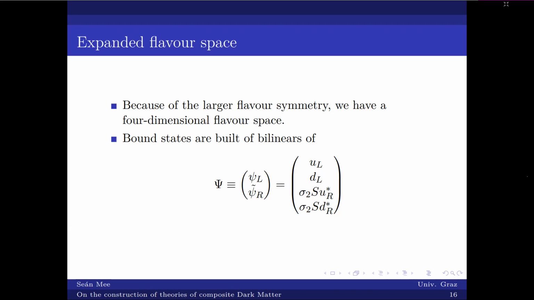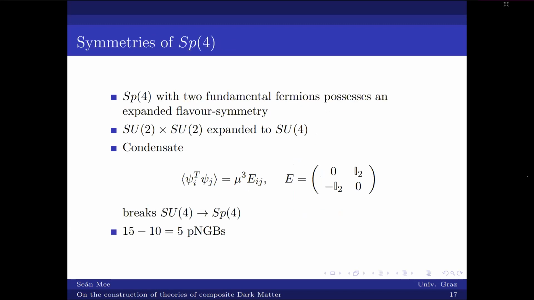And yeah, these are the left and right-handed components of our Dirac spinors, if you like. Okay, so as I said, our global symmetry is expanded to SU4, and the condensate breaks this down to Sp4. So the number of generators is 15, minus 10 from Sp4 gives you 5 PNGBs, which is exactly what we wanted.